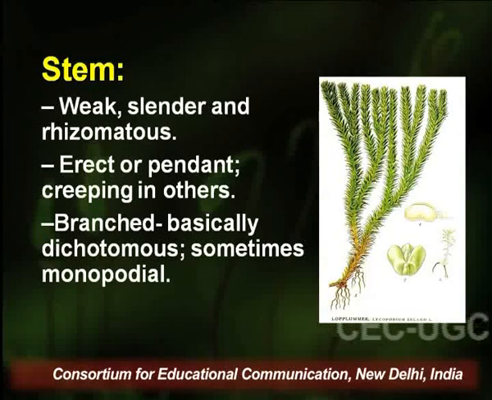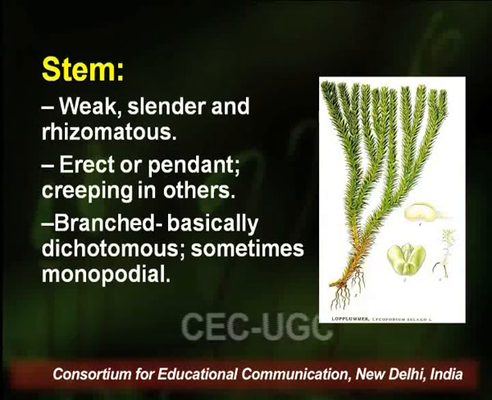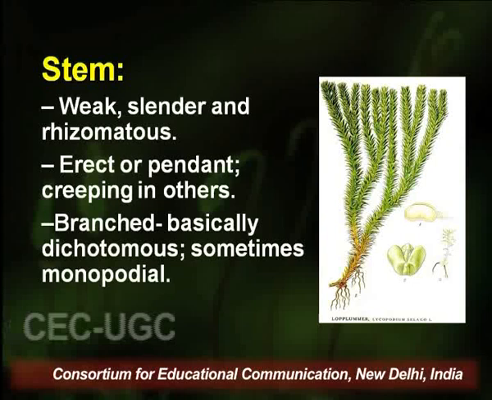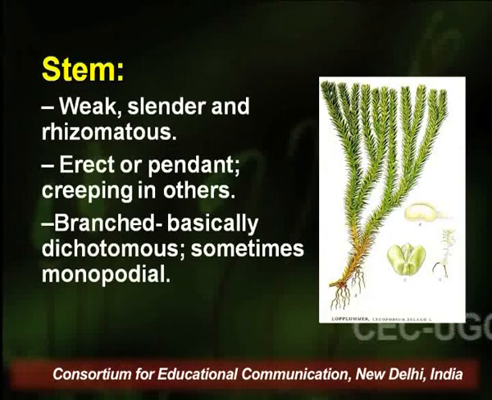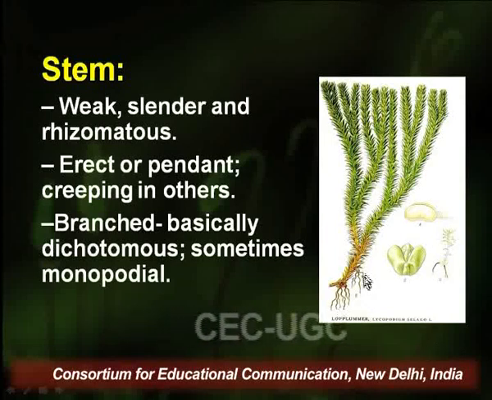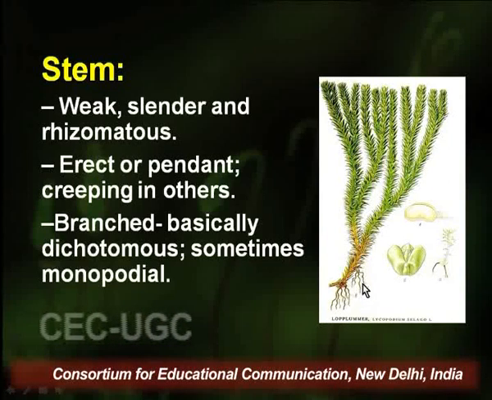The stem happens to be weak, circular in nature, slender and rhizomatous. When stem gives rise to root-like structures, such stems are termed as rhizomatous. These rhizome-like structures arise from the lower side of the stem, which is nearer towards the substratum, in contact with the substratum.